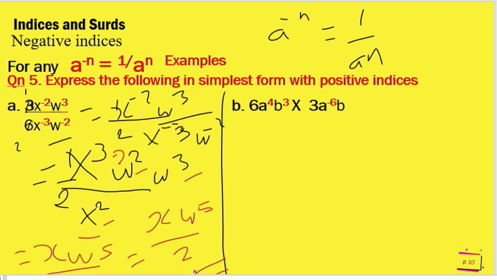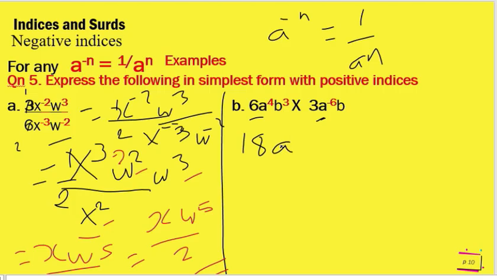To the next one, we are multiplying, but still you can see there is a minus and whatever. So first of all we can combine them all. So you can multiply the coefficient here, multiplying the coefficient 6 multiplied by 3, we are getting 18.